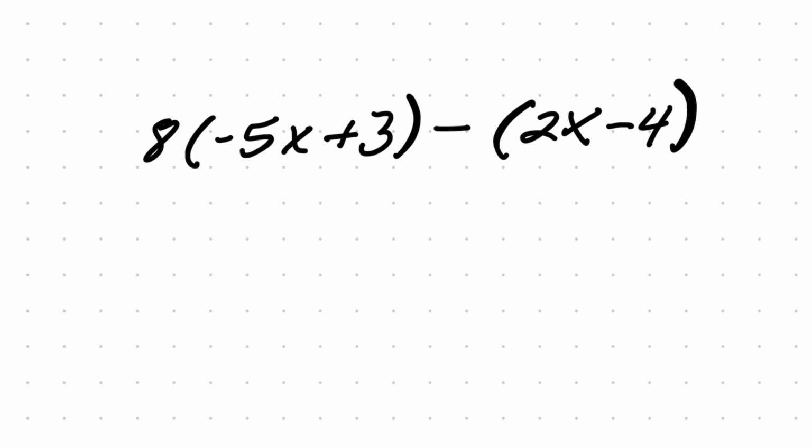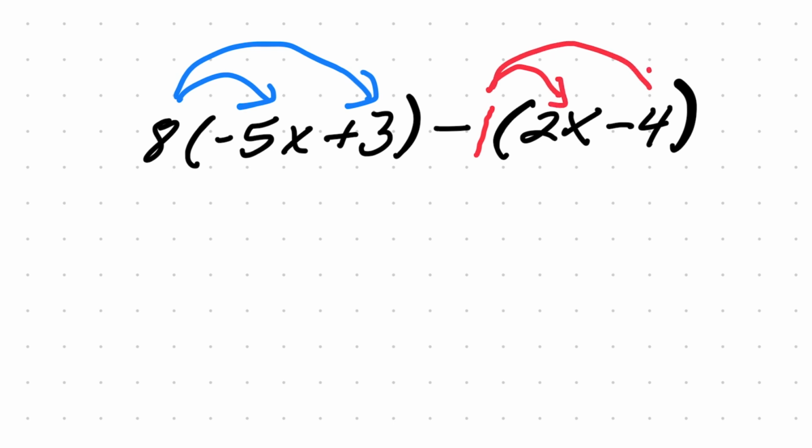Okay, so you have this other problem where you have to do the distributive property two times because you have two sets of parentheses. So you're going to multiply the 8 to the negative 5x and to the 3, only that quantity because the 8 is right outside that parenthesis. And you're going to multiply negative 1, because it's an imaginary 1 right here, to the 2x and to the negative 4.